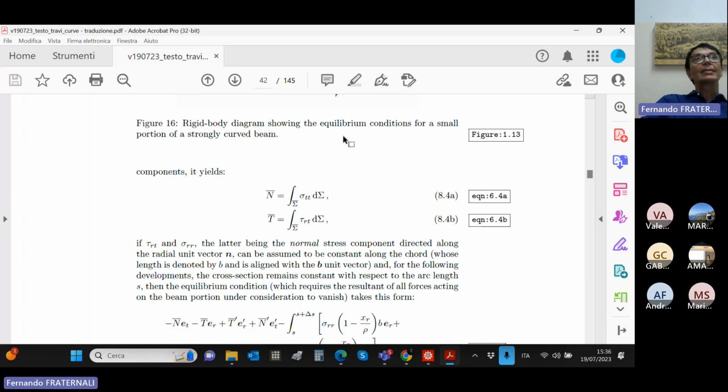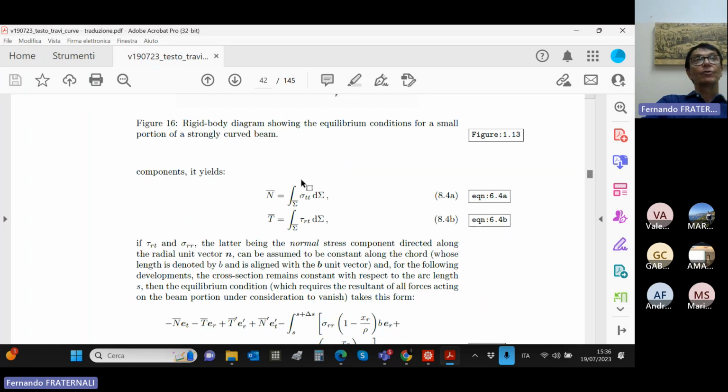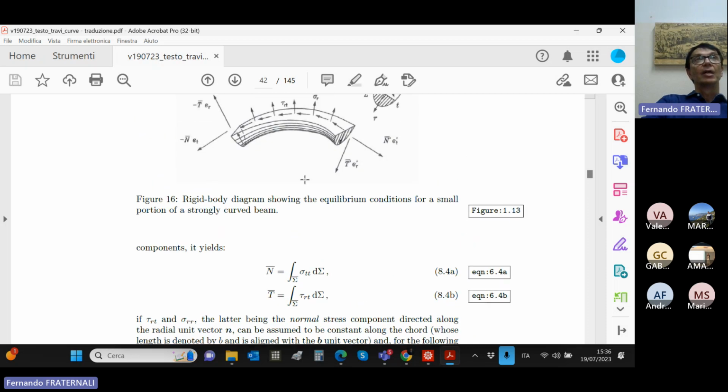So next, we write the equilibrium equations of this portion of the beam. How do we write this equation? We will make use of the unit vectors associated with this section and this other section, which are not the same because there is a curvature of the beam.